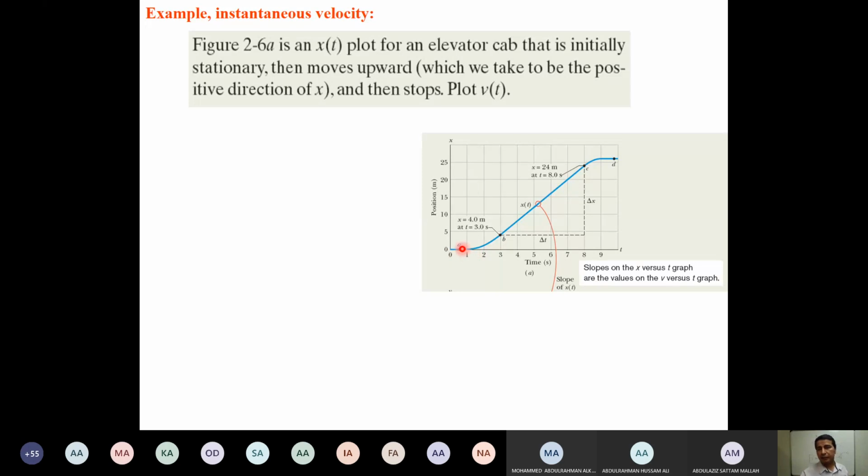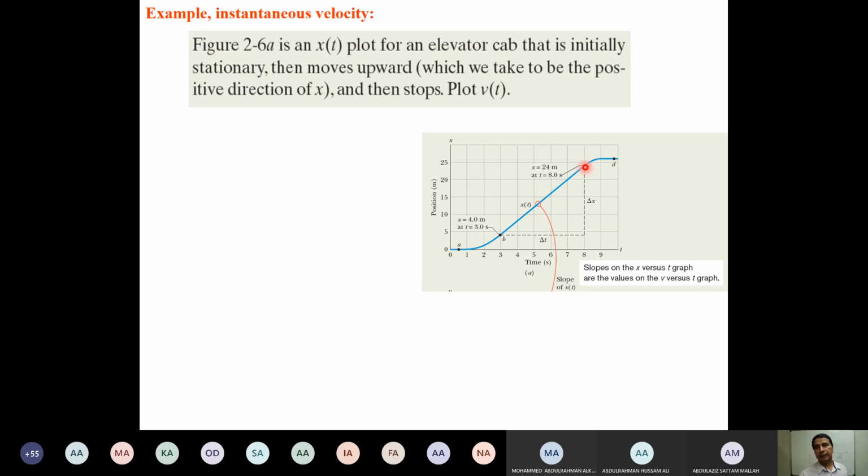Then when it starts to move, you see that in each passing interval of time, the elevator covers a little more distance. So it picks up some speed. Once it picks up this speed, it is definitely a straight line from here to here. At this point, when it comes to the destination, the elevator is stopping.